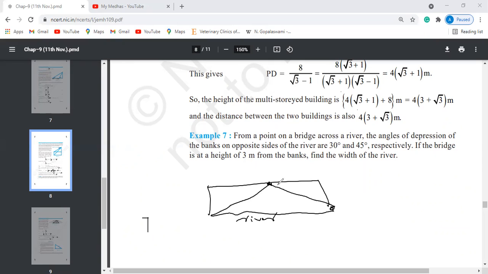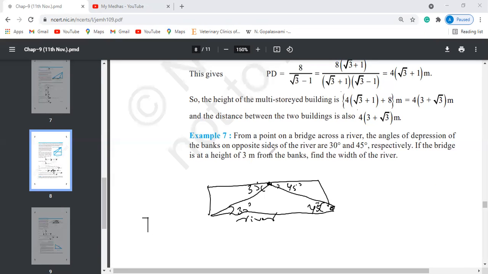It will be like this. So you can take this as 45 degree, and this is 30 degree. So when it comes to the angle, this becomes 30 degree and this becomes 45 degree.